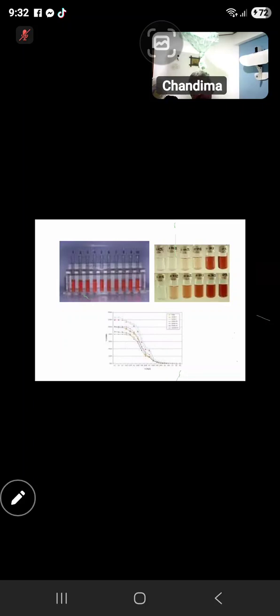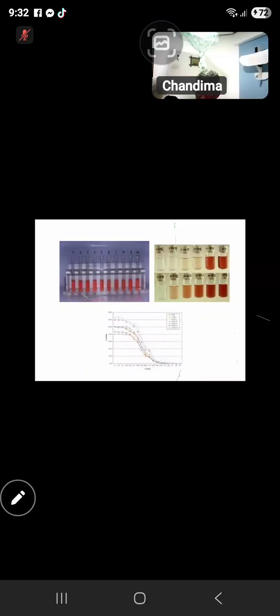It is the best one. But you can use EDTA blood also, but it should be a fresh sample.